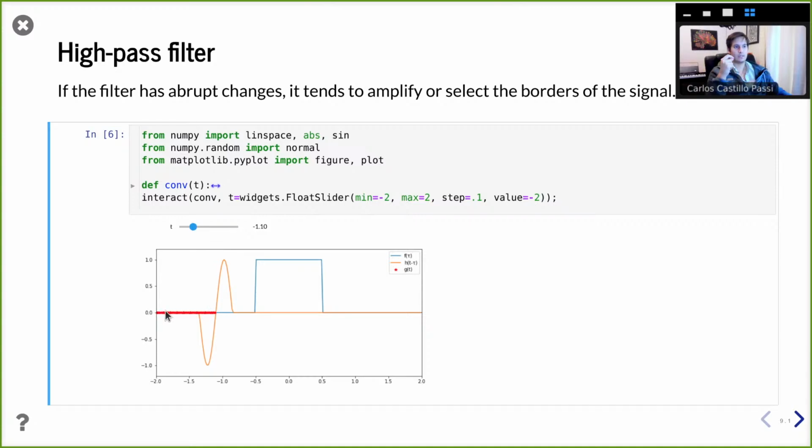So when we have the same signal, it's giving 0, but when we have an edge, it's giving something that is not 0, and the same for the other edge. And this type of filter is called a high pass filter, and it's basically obtaining the details of a signal or an image.